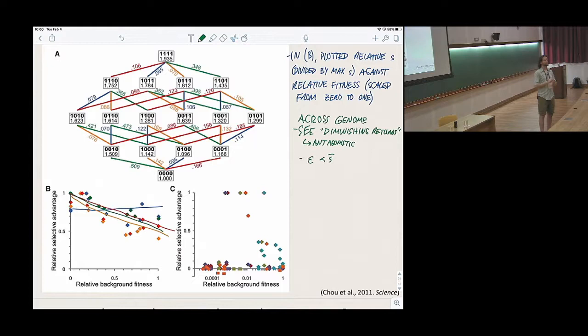So the fact that even when there's selection to have as high a fitness as possible, you still see this diminishing returns, I think makes an even stronger case: even in light of selection for the total trait of fitness, the mutations still don't interact particularly well with each other.